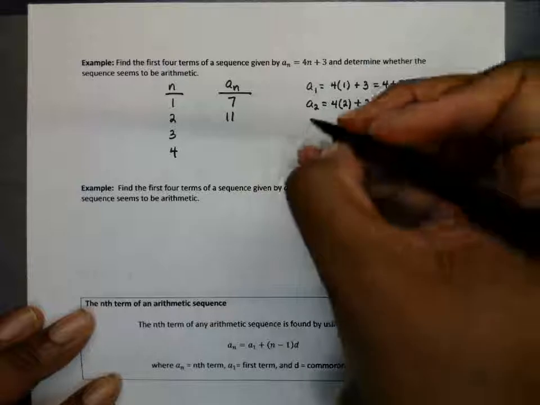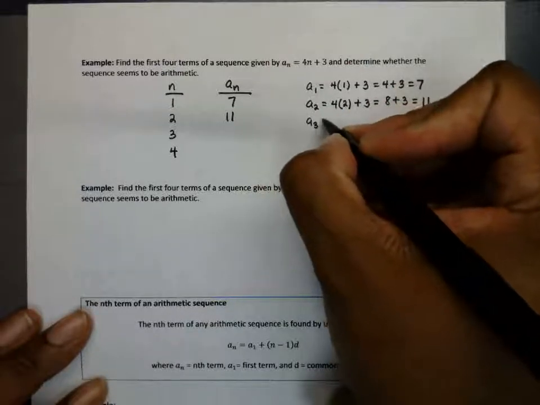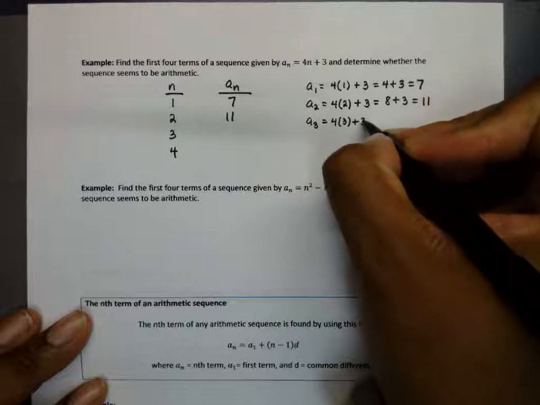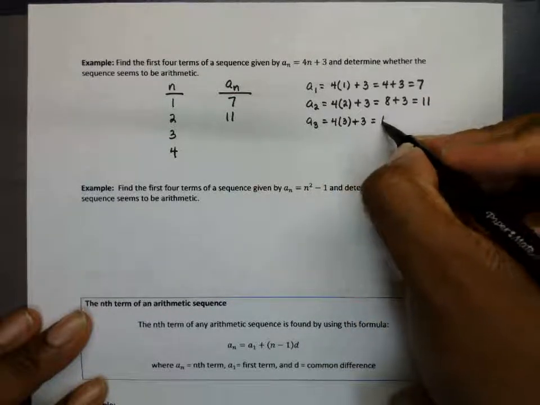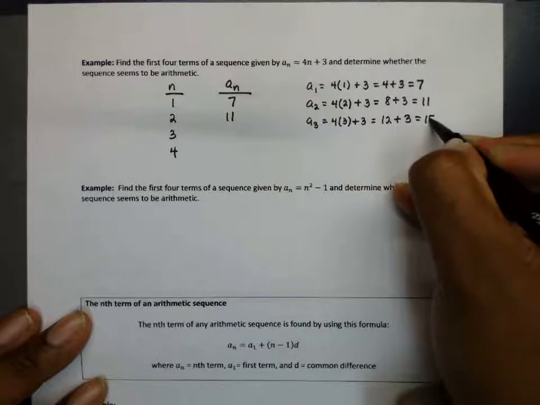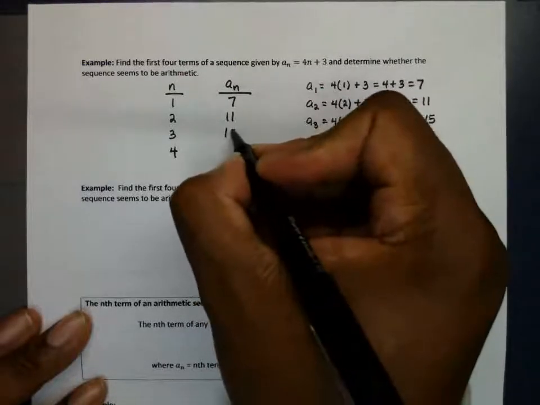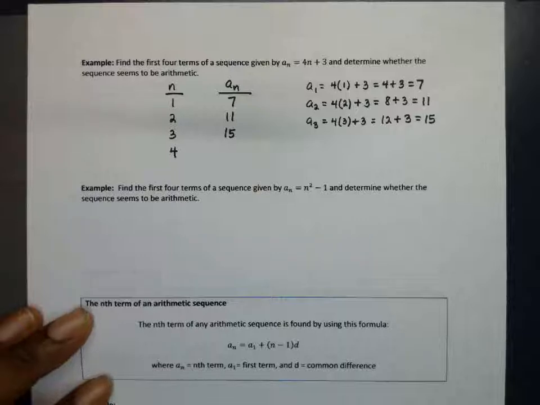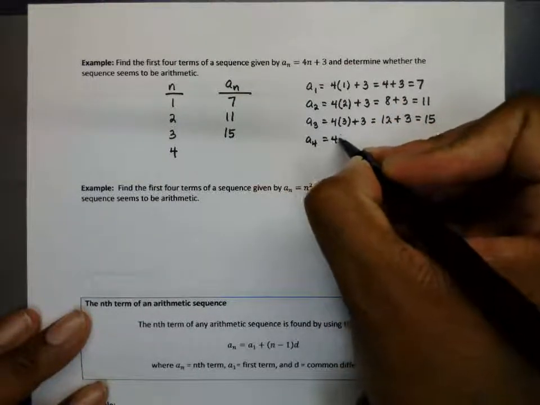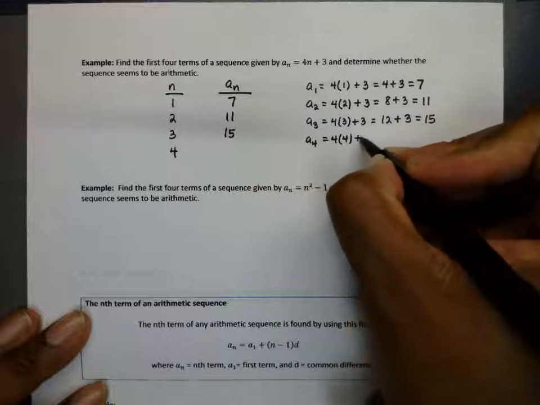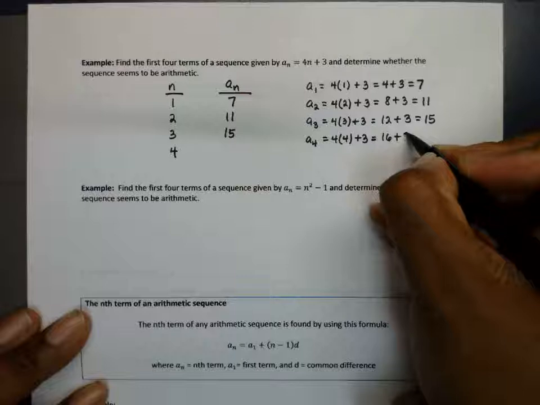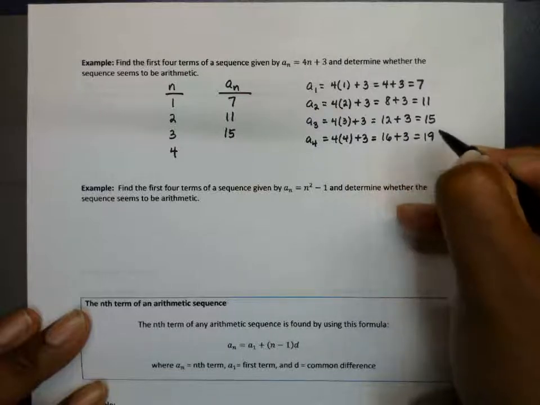And then for a sub 3, n is 3, so it'd be 4 times 3 plus 3. 4 times 3 will be 12. 12 plus 3 would be 15. And then finally, for n equal to 4, a sub 4 would be 4 times 4 plus 3. 4 times 4 would be 16. 16 plus 3 would be 19.